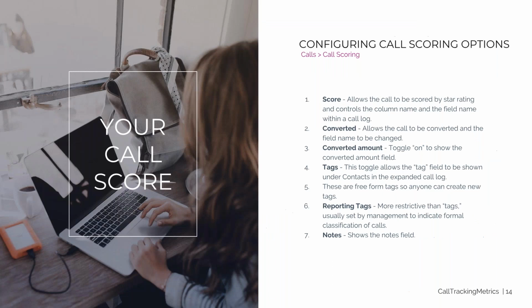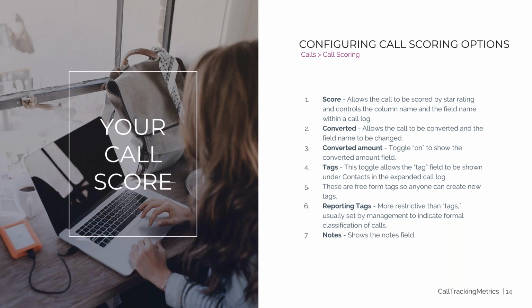Switch back to my slides. All right. So that's what we're going to cover next, configuring the call scoring options. What's fun is with our call scoring column, it's completely customizable. We can change the name of it. So rather than being score, we could call it sale.